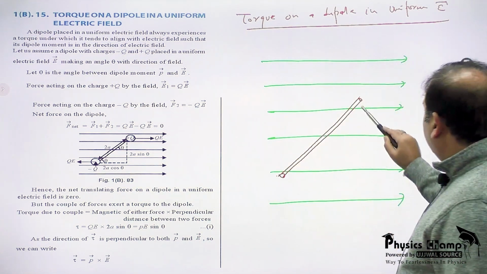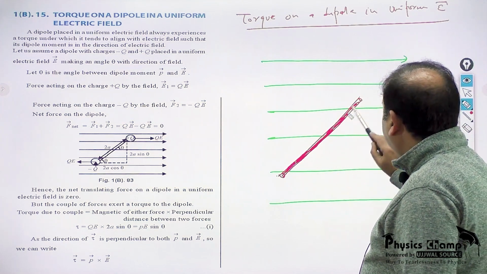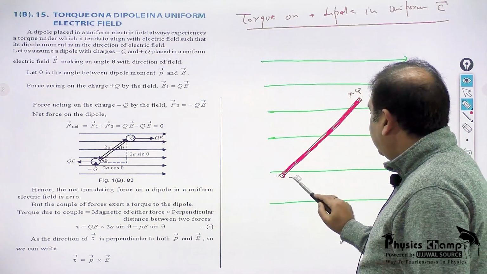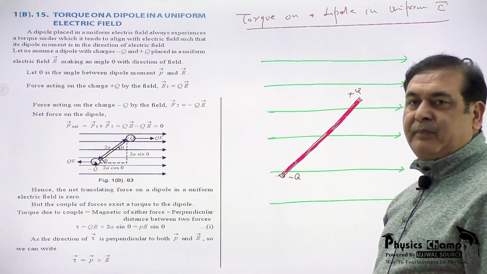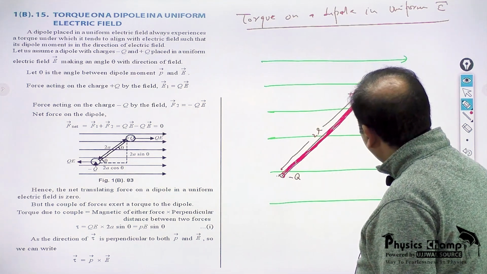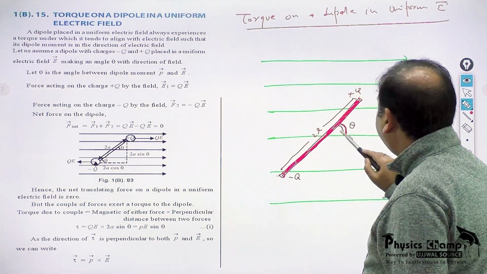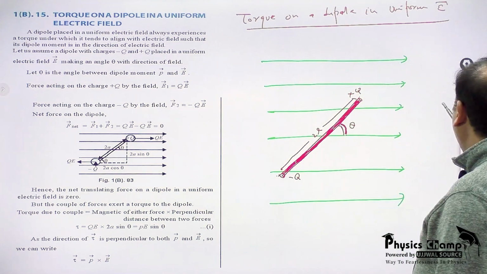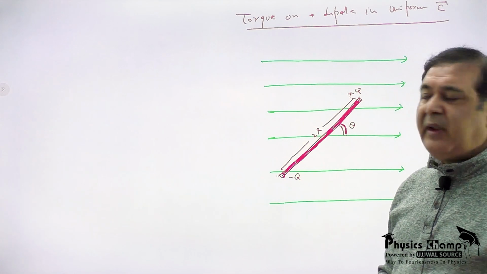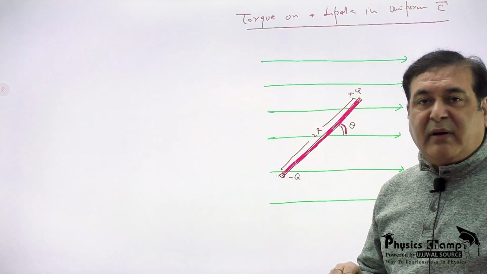And this dipole has charges plus q and minus q here. This dipole is having a total length which is 2L, and this dipole is making an angle theta with the electric field. How will the forces act on it? Let's try to find the kind of forces that will act on the positive charge and on the negative charge, and whether that will have a turning effect.